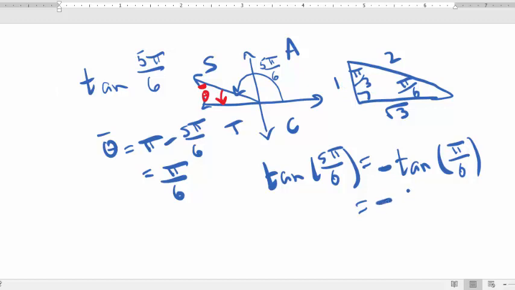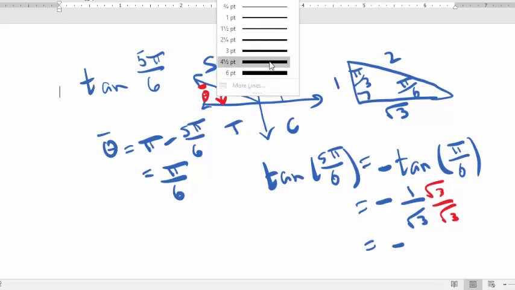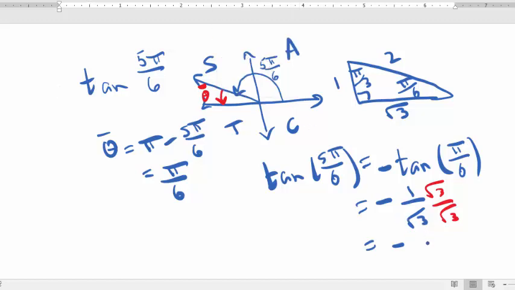So it's going to be negative 1 over the square root of 3, right, because it's in the second quadrant. But then this is negative, and again, multiply by square root of 3 over square root of 3, and you would just end up with radical 3 over 3. So it's negative square root of 3 over 3. So that would be your tangent of 5 pi over 6.